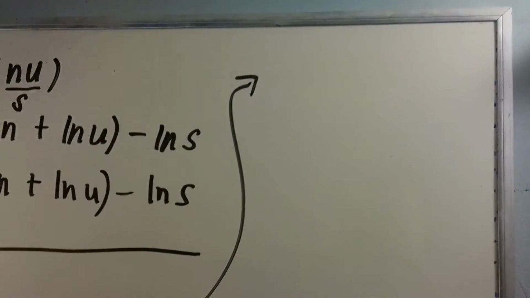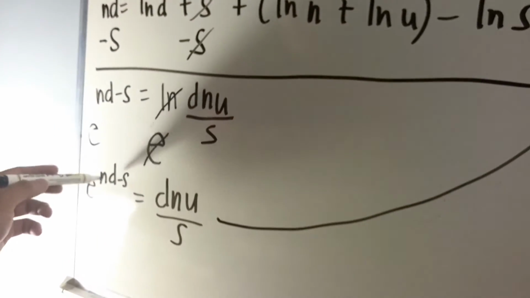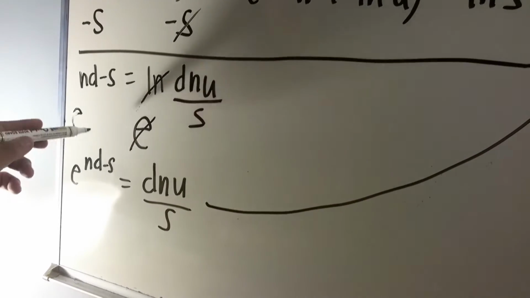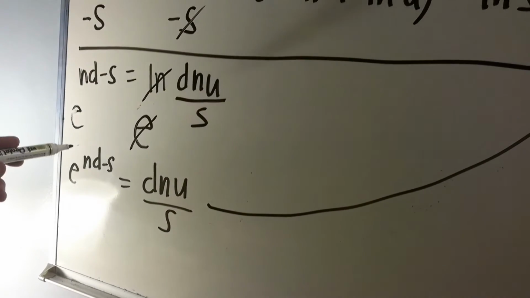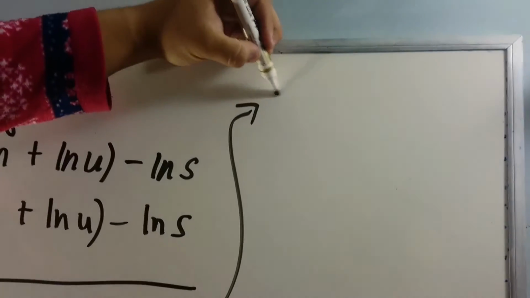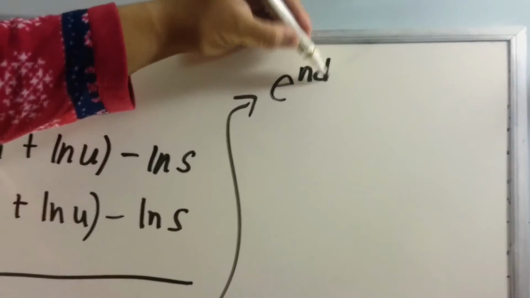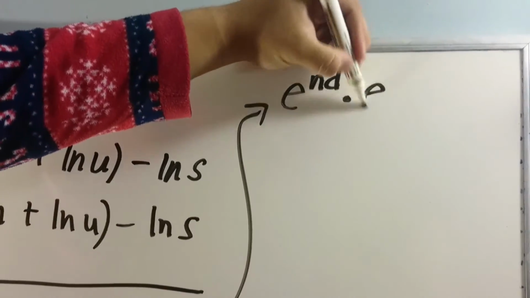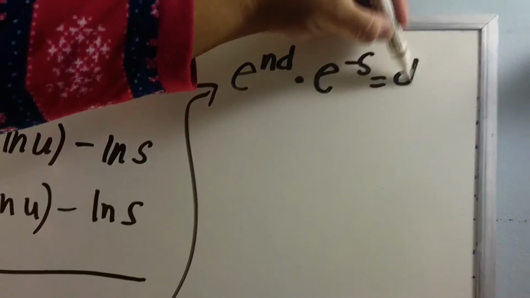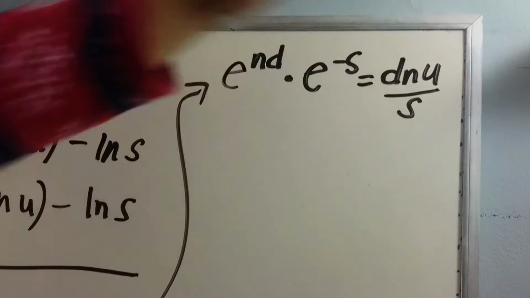What we can do now to this e to the nd minus s power is that we can actually separate nd and minus s, using the properties of exponents. It'll be e to the nd multiplied with e to the negative s power equals d and u over s.